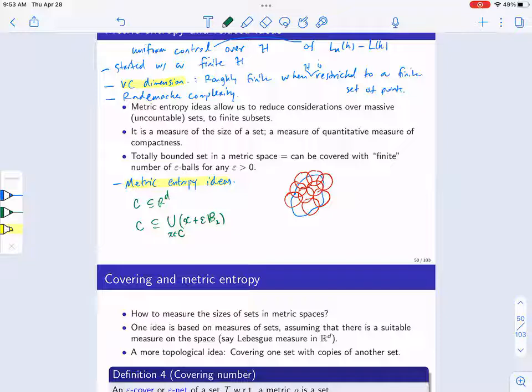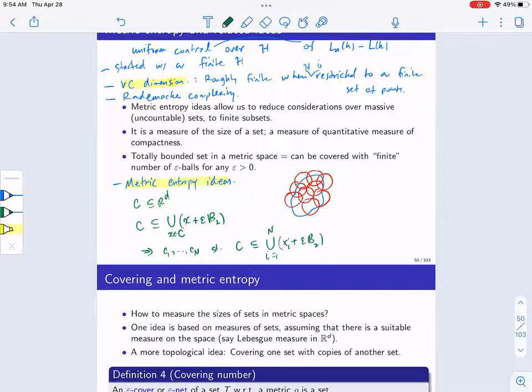Then it implies that there exists a finite set, let's say x1 up to xn, which depends on epsilon, such that C is covered by the union over i from 1 to n of xi plus epsilon B2.